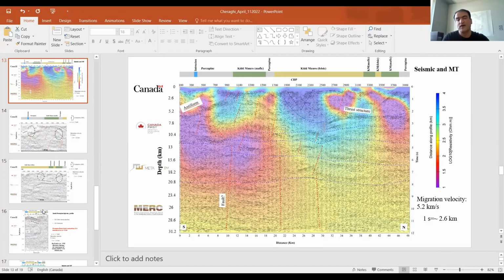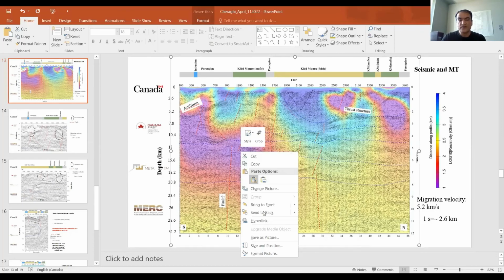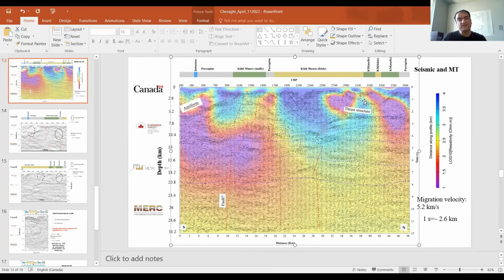In my point of view, I can see better correlation with this antiform and conductive area here, but this area needs explanation, and at the moment I don't have that explanation, sir.